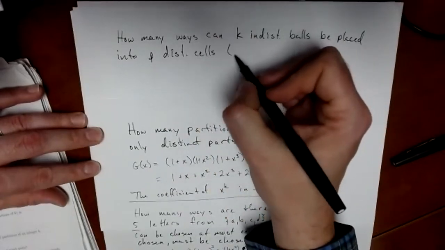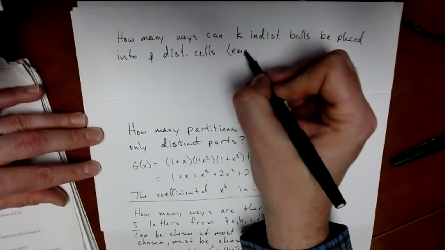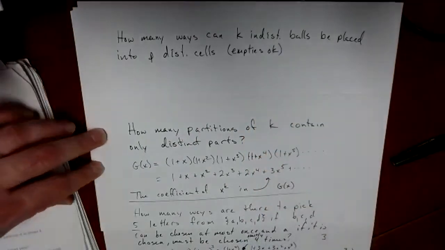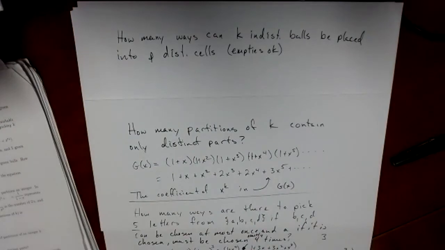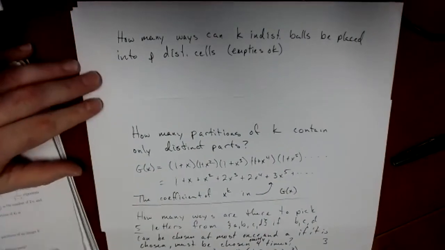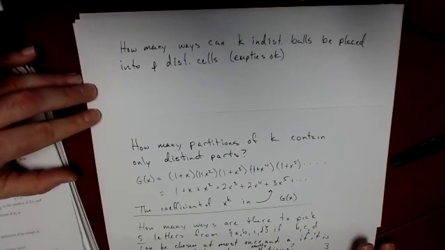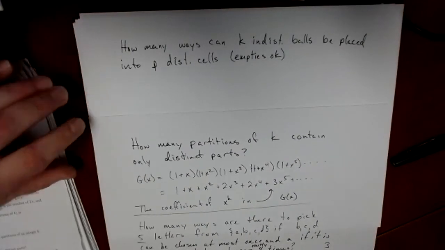And I don't have it in my notes, but I think I want empties to be okay. And actually, let's write it out. I'll write it out for empties okay, and then we'll talk about what would change.